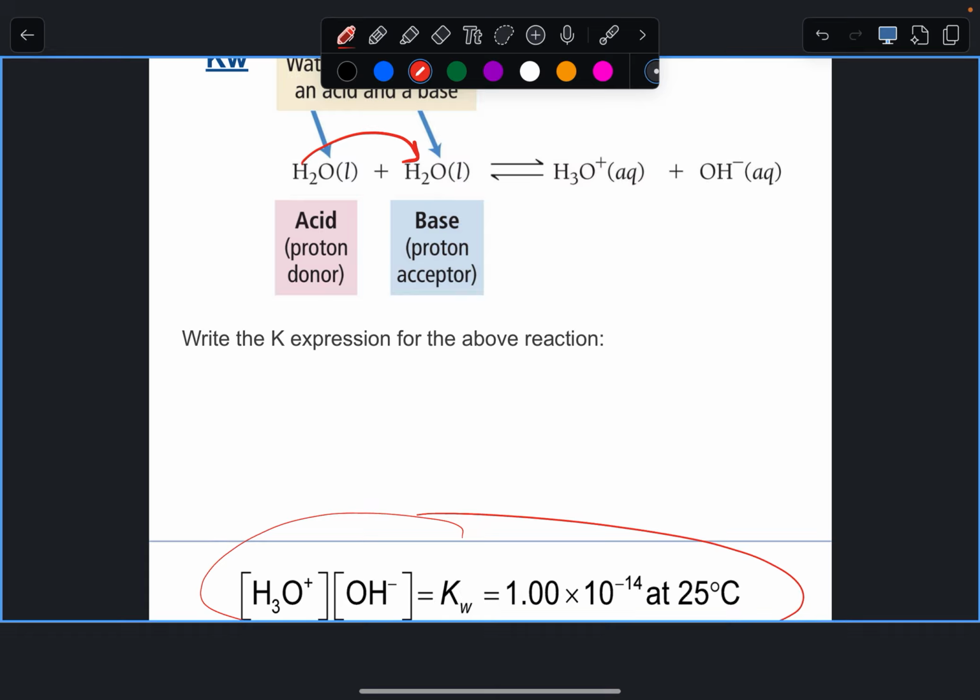So let's pretend we're going to calculate this amount with an ICE table. It doesn't actually matter what we start with, because we don't include pure water. We would just look at the products and say some of each of these is getting produced. So it's some amount x squared, H3O+ times OH minus. Let me write it in symbol form first.